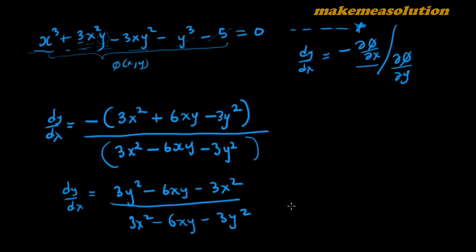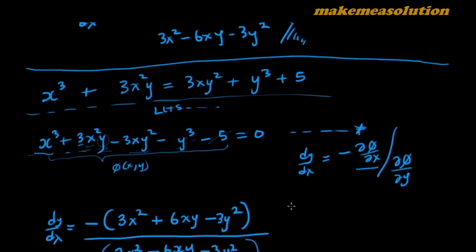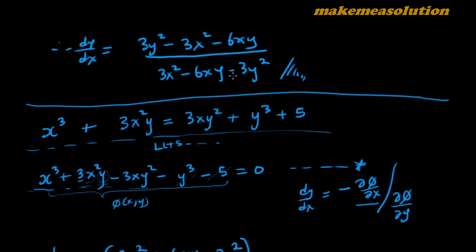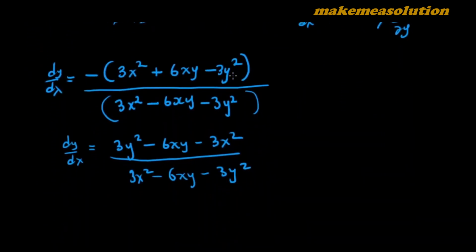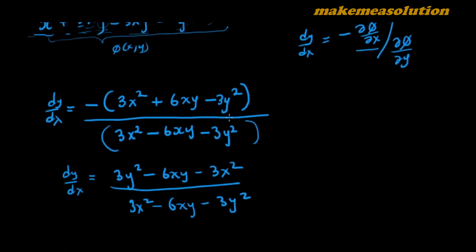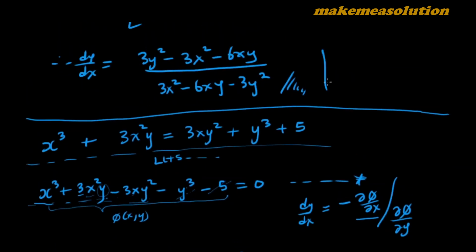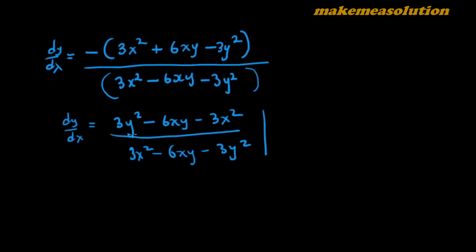So can you notice that this is exactly the same thing we got, 3y squared minus 3x squared minus 6xy over 3x squared minus 6xy minus 3y squared, and this is exactly playing out in the denominator on this side and on this side. So you can pause the video and compare the answers. So which method would you rather stick with?